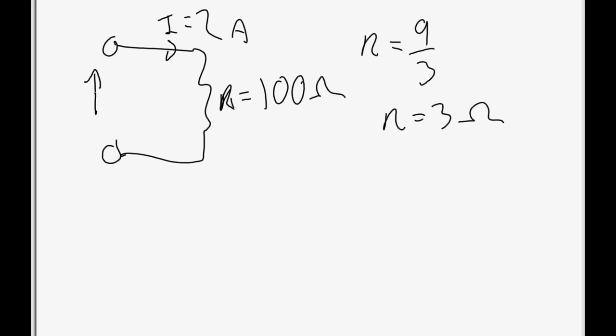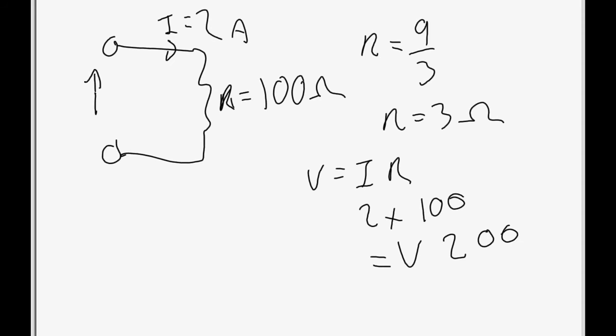It's V equals I R, so 2 times 100 equals a voltage of 200 volts. Yeah, easy. What more do you need to say?